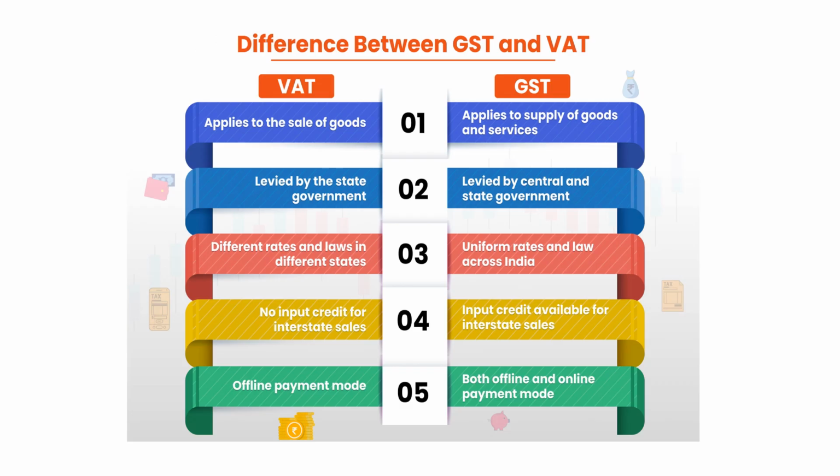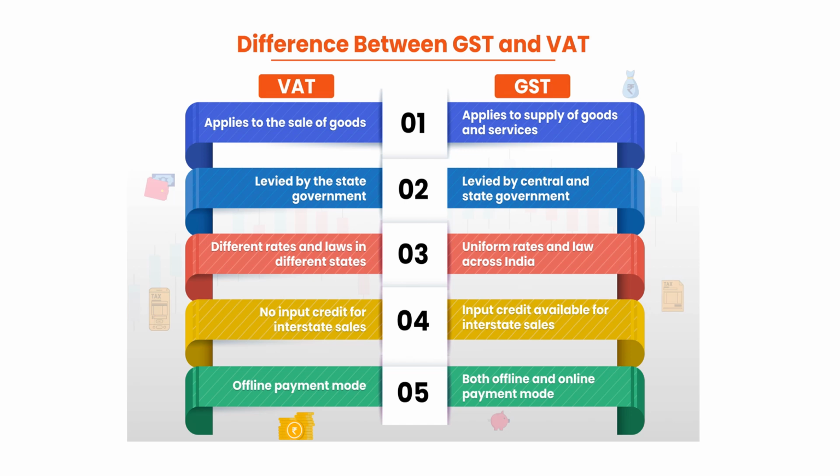This slide shows the difference between VAT and GST. VAT is levied by the state government, and rates vary across states. Suppose a good starts from Delhi and reaches Tamil Nadu, at each and every state that it crosses, tax has to be paid, and varied levels of taxes will be paid by different states.